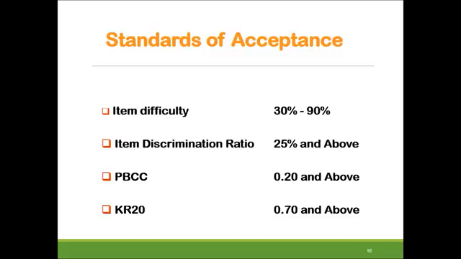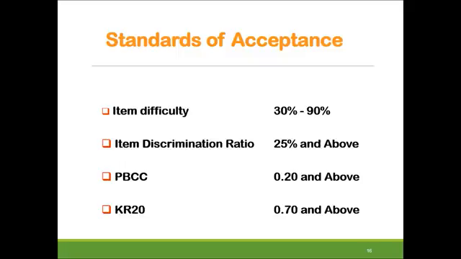That range needs to be between 30 and 90%. Specifically, below 30%, the item is too difficult. Above 90%, it approaches being too easy, unless you have a mastery concern, which is a separate type of concern related to item difficulty calculation.